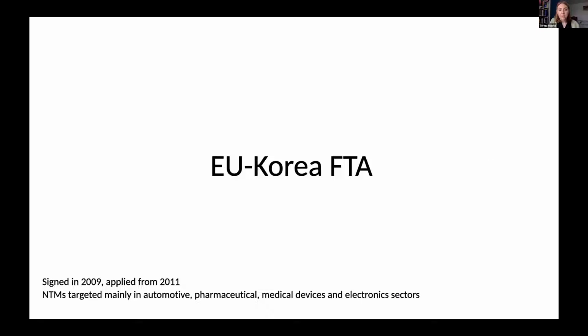So in terms of the EU-Korea FTA, for context, we're moving to the individual FTAs now. This FTA was applied from 2011, and it mainly targeted automotives, pharma, medical devices, and electronic sectors.